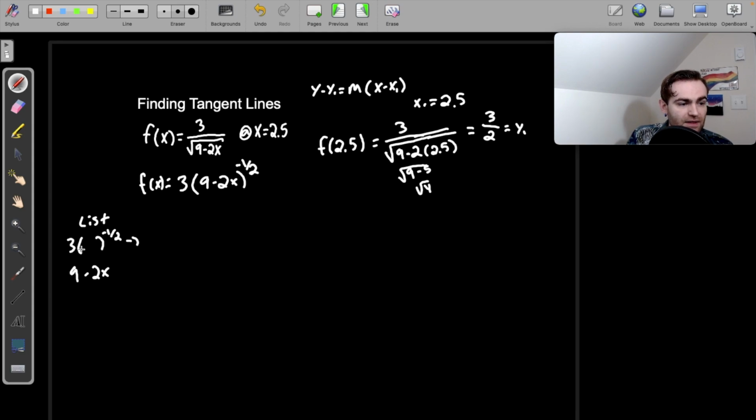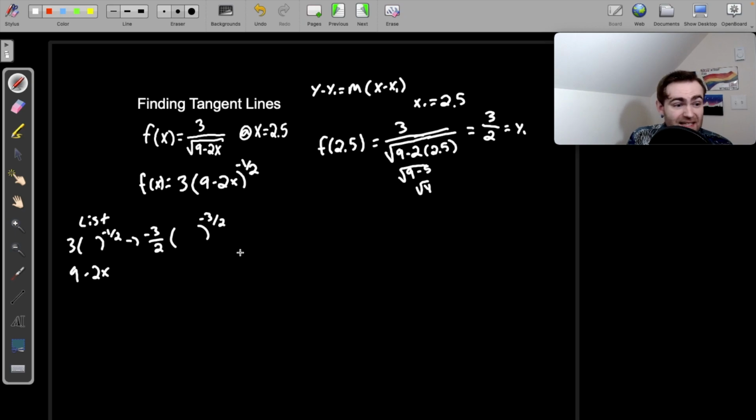The derivative of 3 times something to the negative 1/2 power, well, we bring the power down, so that'd be negative 3 halves times the inside, and then we take 1 away from the power. Negative 1/2 minus 1 is negative 3 halves.